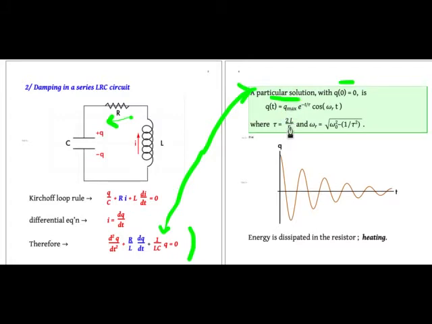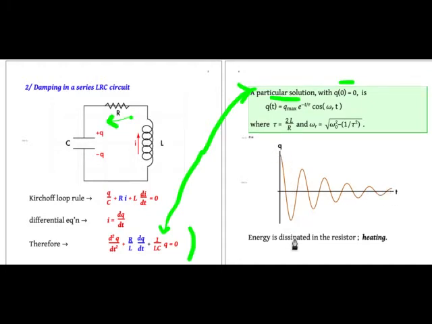But if R is not equal to 0, then there's a time constant 2L over R. And what we have for the charge on the capacitor is a damped oscillation.